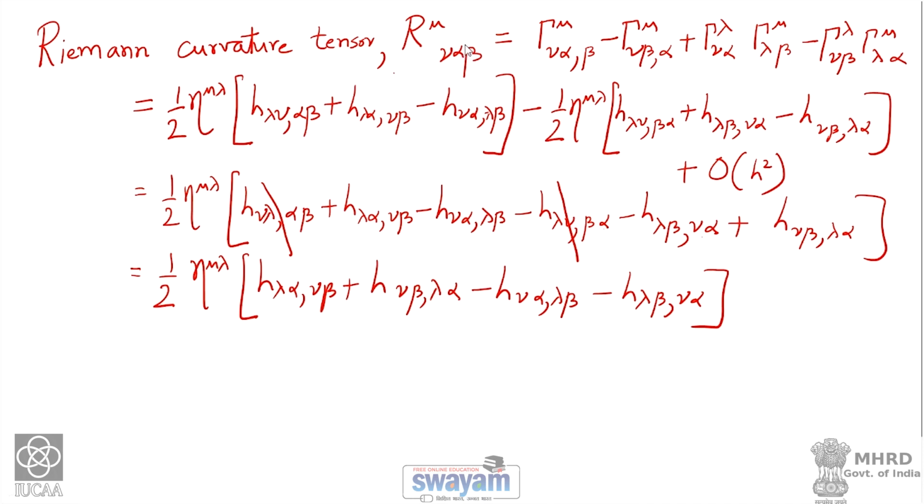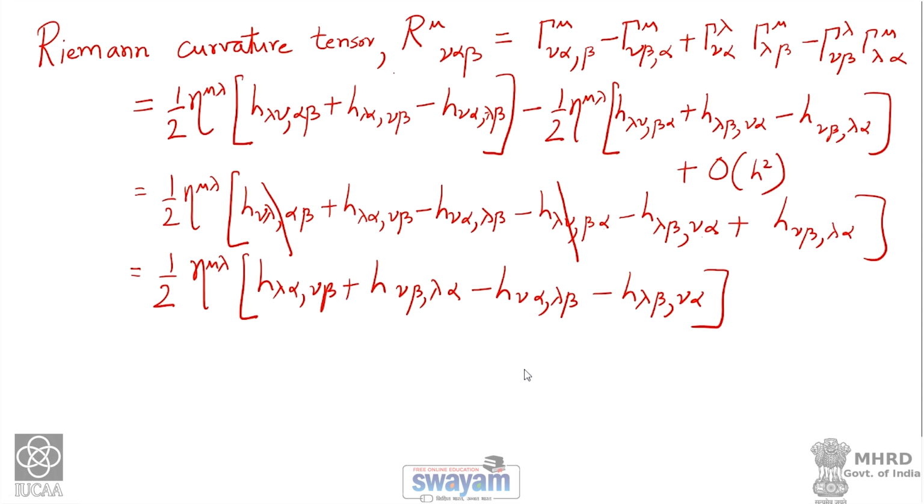As you can see, if you interchange beta and alpha, there is a negative sign here, there is a positive sign here. Similarly, there is antisymmetry in this. So, we have expressed the Riemann tensor, and of course, the order quadratic corrections we are not bothering about, we only want to retain the linear orders in h.